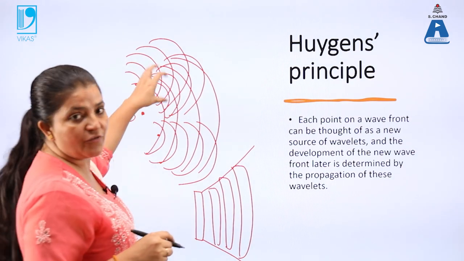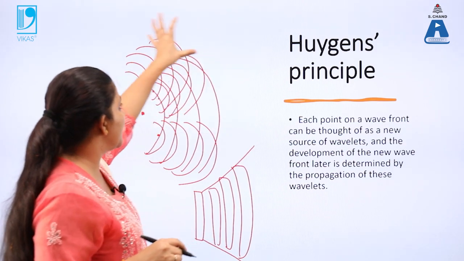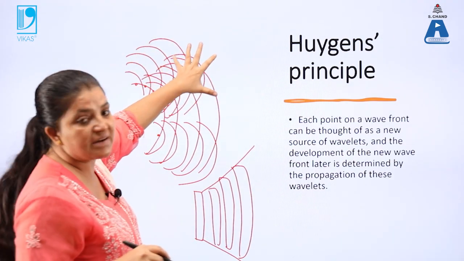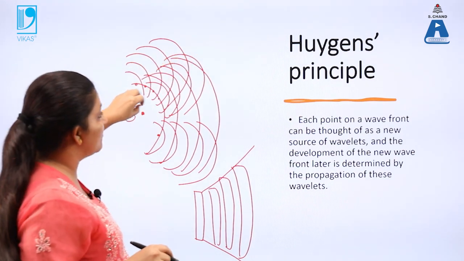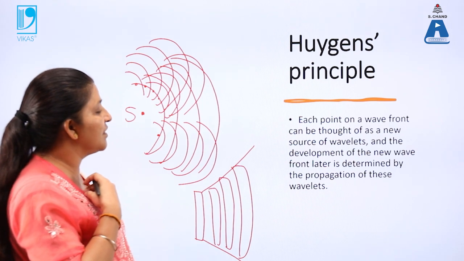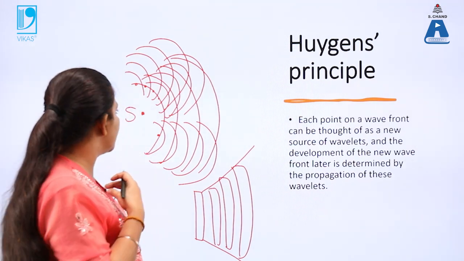These wavelets will superimpose on each other to give us the complete wavefront or the complete light. That is how the spreading of light is described by the Huygens principle.